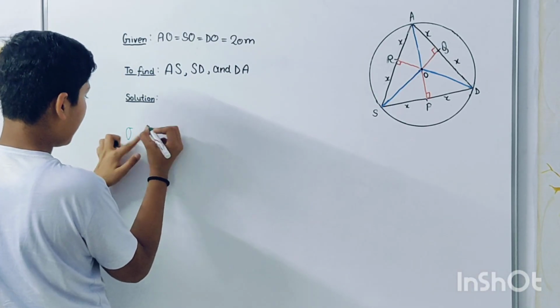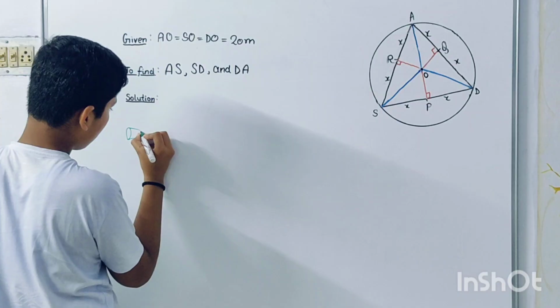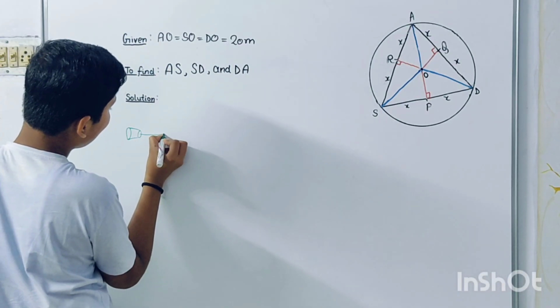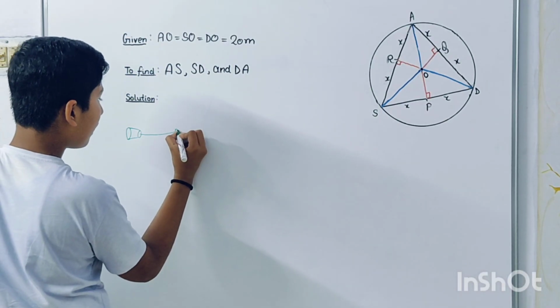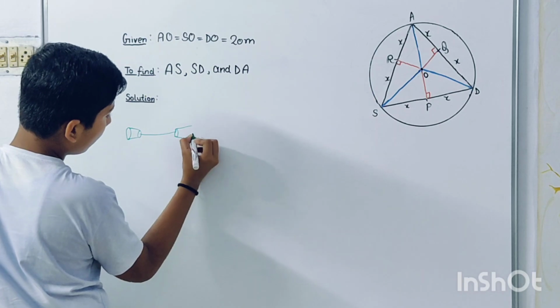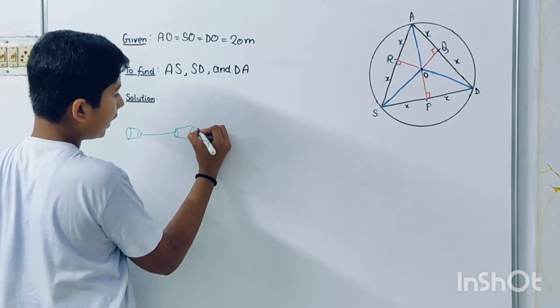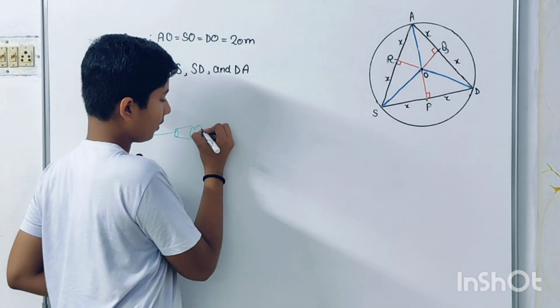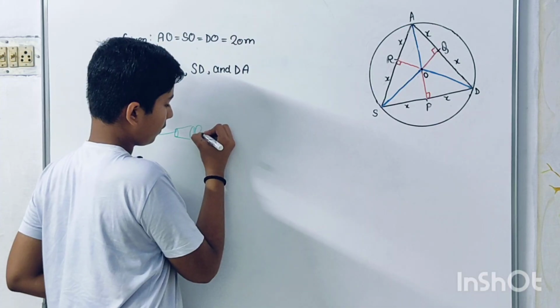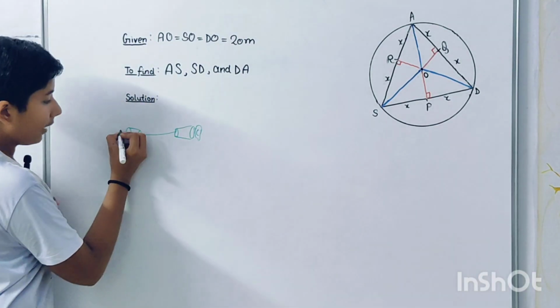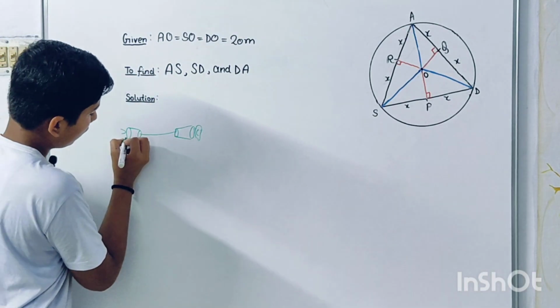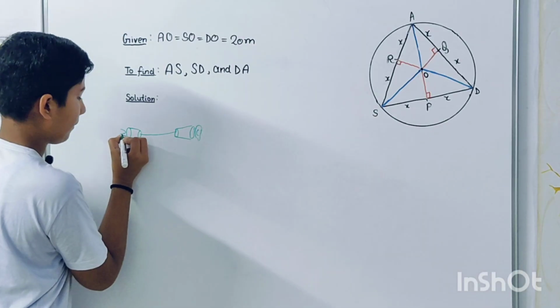I hope you all might have seen this. This is a glass connected to a string, and this string again connected to another glass. Here are the ears of a person, and here is the mouth of the person who is speaking.